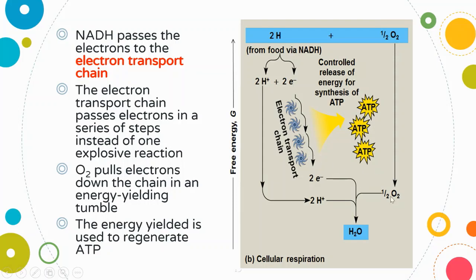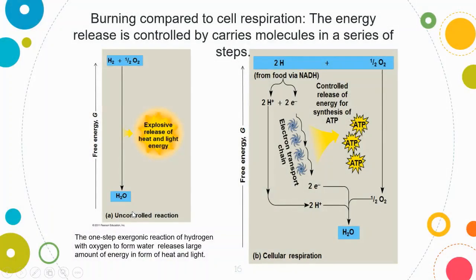Once the oxygen accepts the electrons, the oxygen undergoes the reduction process and then produces the water molecule. So from here you can see clearly, once the oxygen accepts the electrons with hydrogen atoms, the oxygen is reduced to become a water molecule. So cellular respiration is an exergonic reaction.